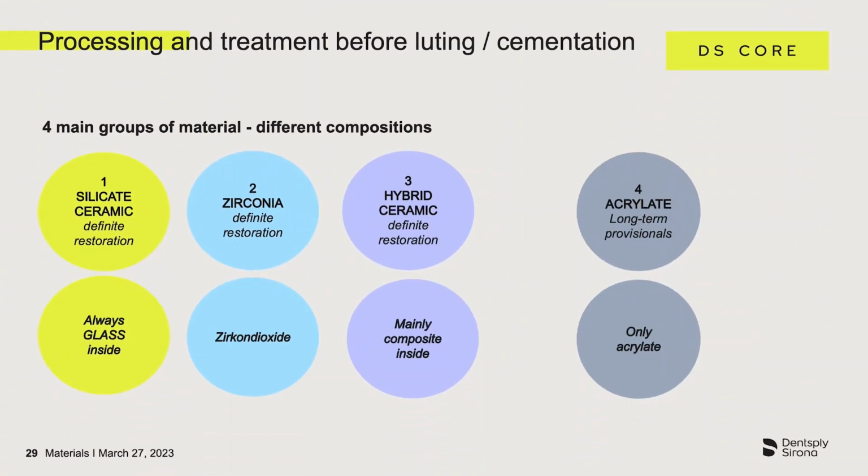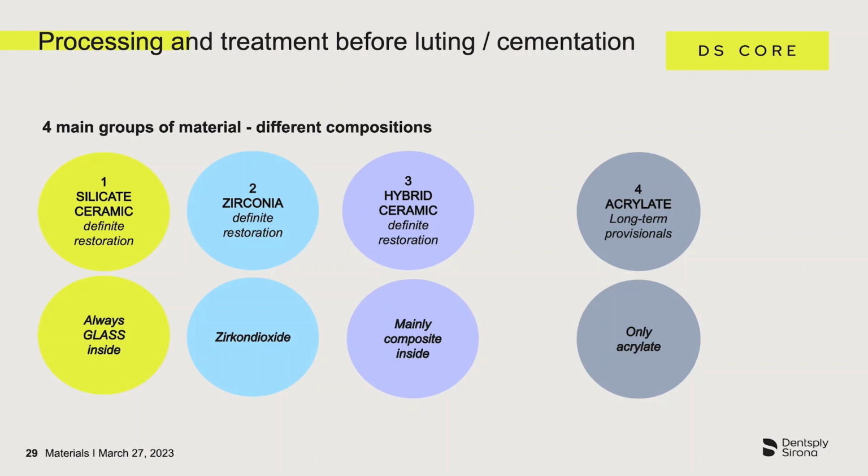Let's take a look at the material composition in the different 4 groups. The silicate ceramics always have a glass phase. The zircons consist mainly of zirconium dioxide and the hybrid ceramics mainly of composites. The one exception is Vita Enamic.